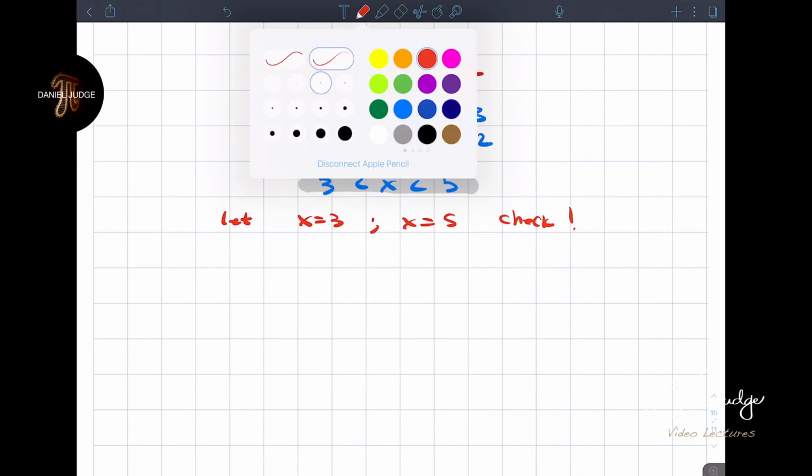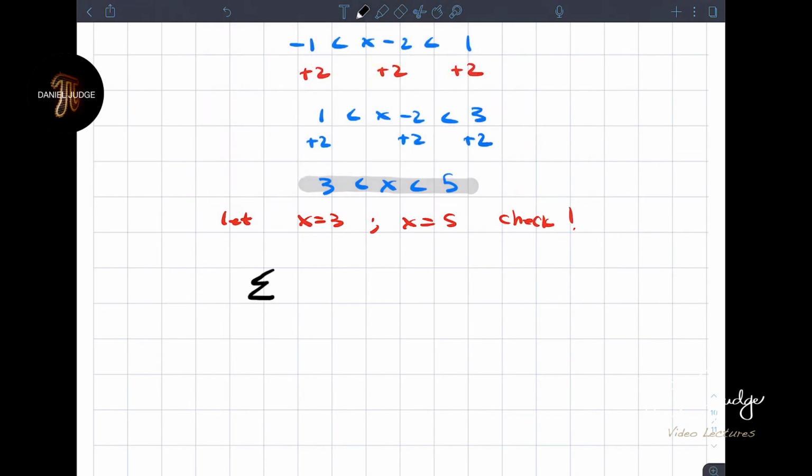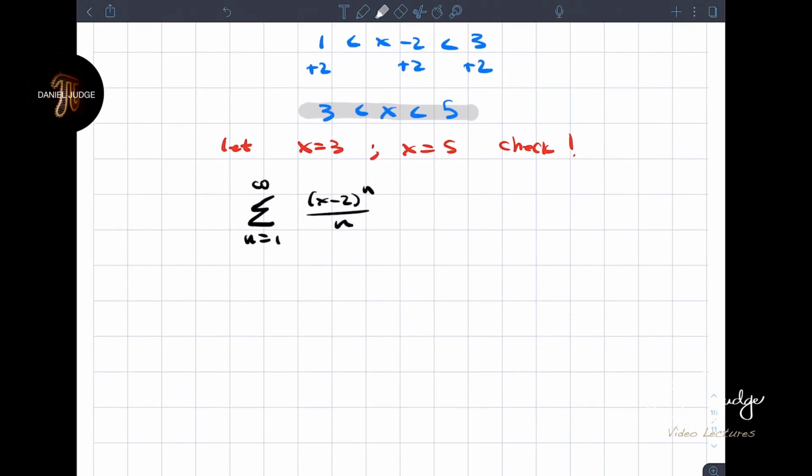Now, the original series here is, which one was this? This is the sum of x minus 2 to the n over n, n is 1 to infinity. That's your original series. So let's check. You say you have to check when x is 3. Plug in 3 for x. 3 minus 2 is 1. You get 1 to the n over n. This is when x equals 3.